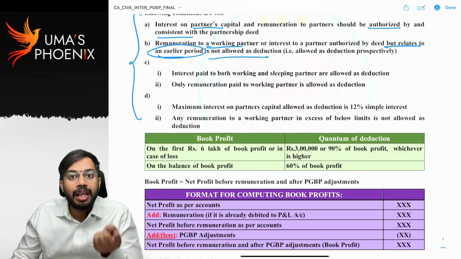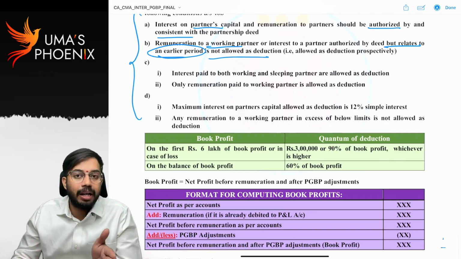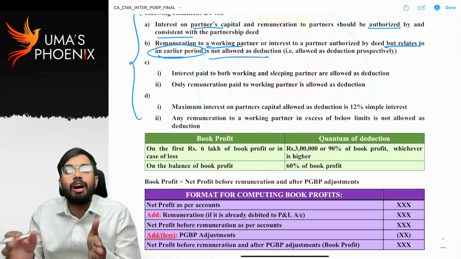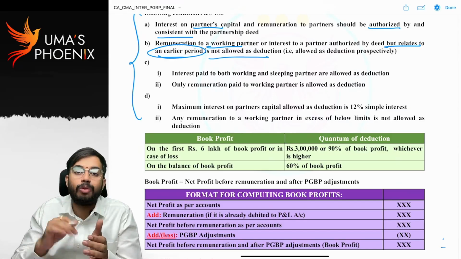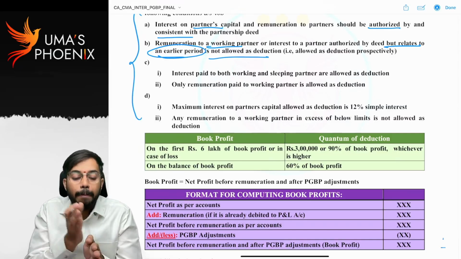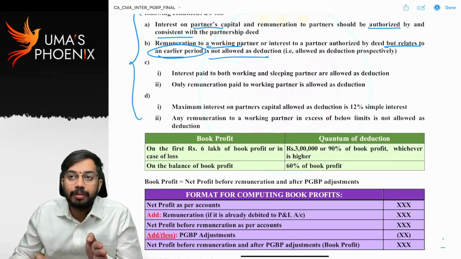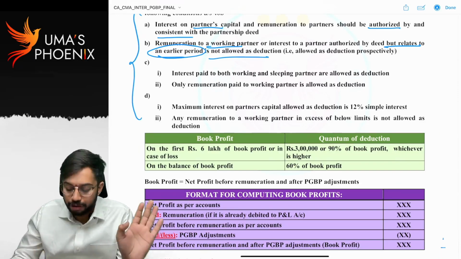That means the day on which the amendment is done in the partnership deed with regard to interest and remuneration, from that date onwards, whatever interest and remuneration is there, only that is allowed as deduction. Before that date, interest on partners' capital and remuneration is not allowed as deduction.